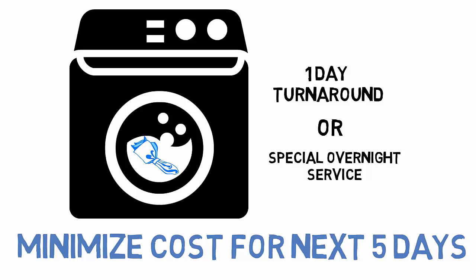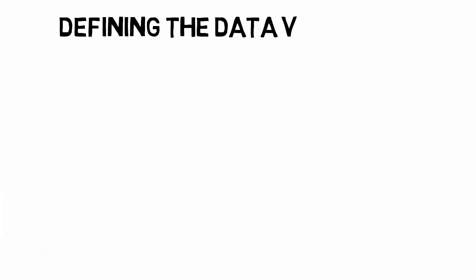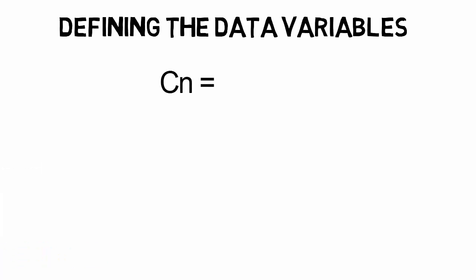So we need to have some symbols because we don't want to have so many words. So let's make up some symbols for the data. Let Cn be the cost of buying new napkins.